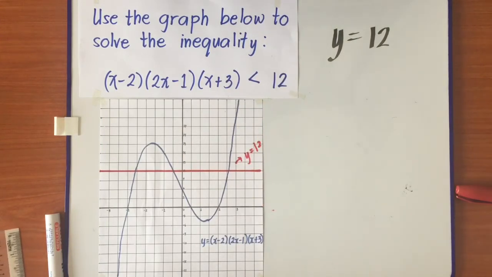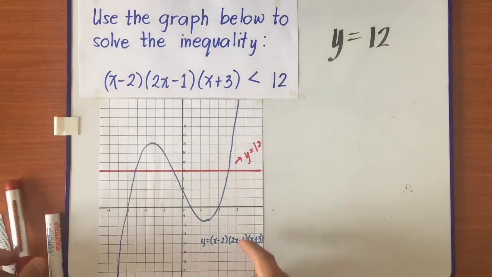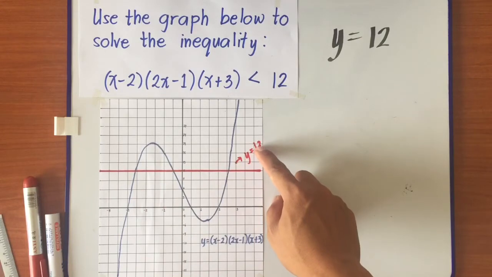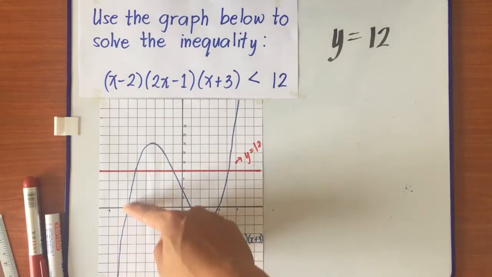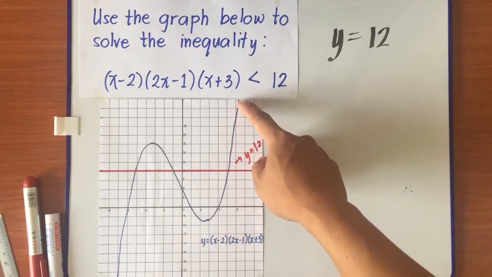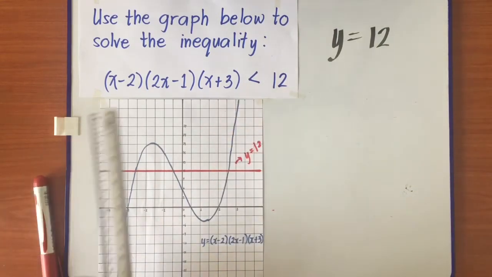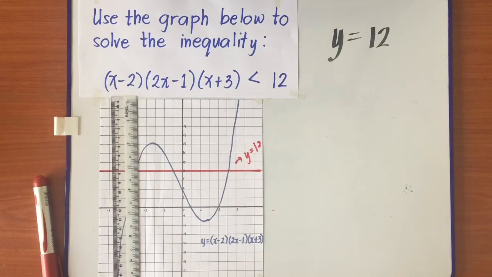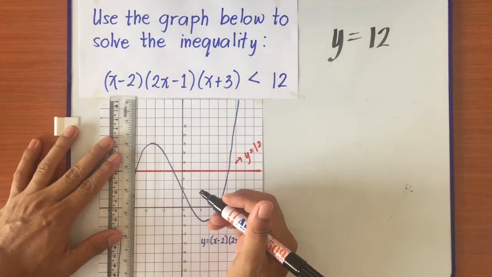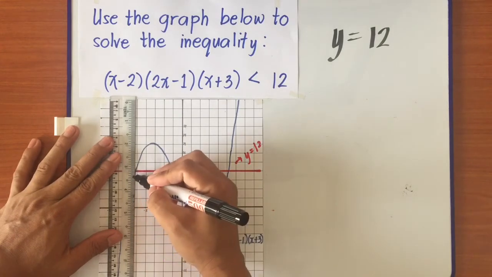Okay? Next, it's very important that you identify the values of x at the intersection points of y is equal to 12 and the graph of the cubic polynomial. Let's be very careful about this, because sometimes the range of values will not match your answers.